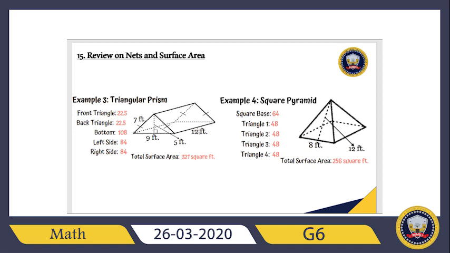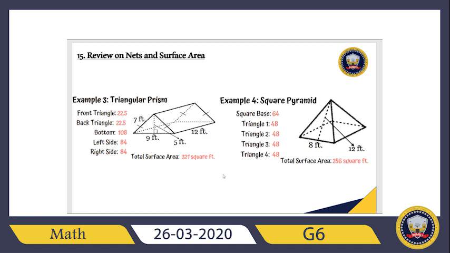It is a rectangle, so it is length times width, which is 12 times width. What is this width? It's the same as this, which is 7. So it's 7 times 12, which is 84. This is for the left side and for the right side. So it's 84 here and 84 here. The total is my total surface area, which is 321 square feet, because the unit here is feet.